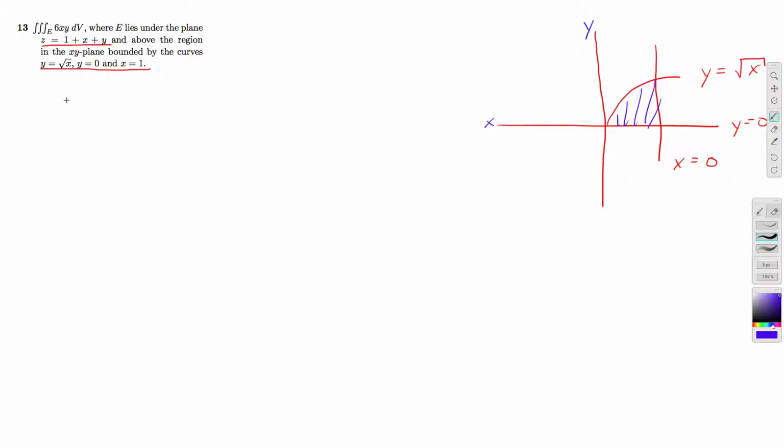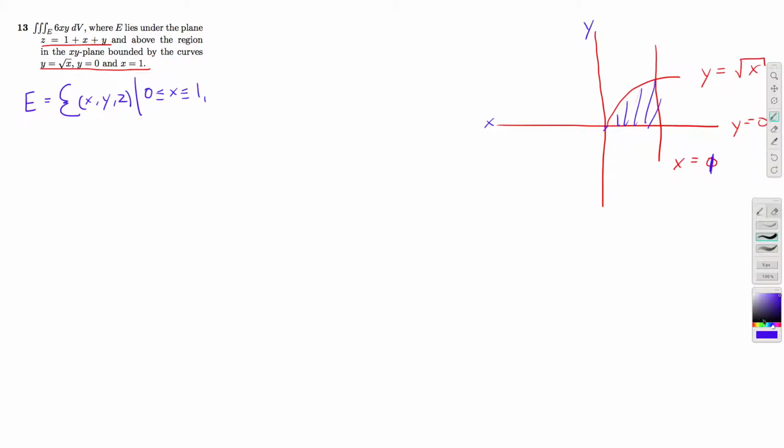So this tells us that E, for x, y, z, has x existing between 0 and 1.